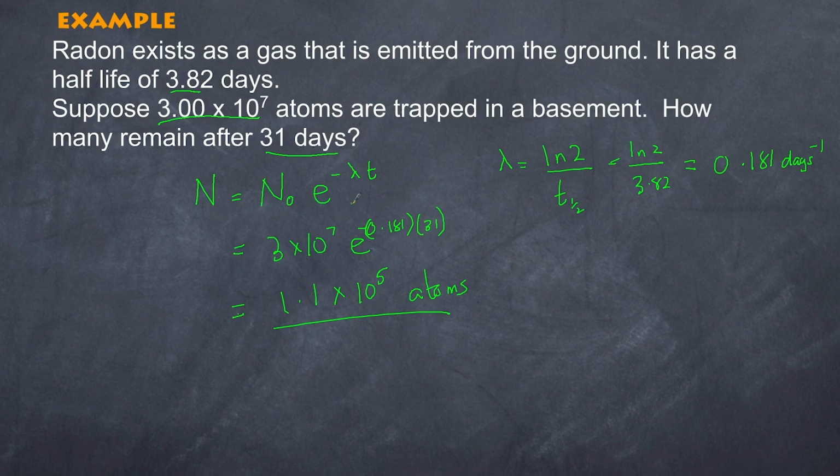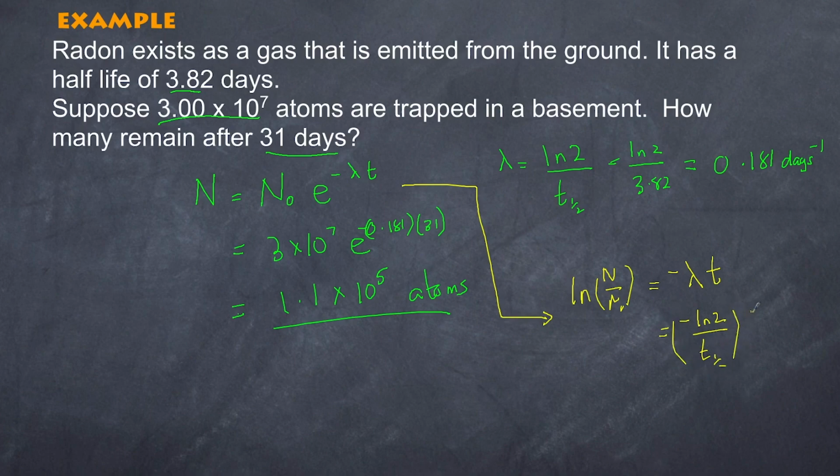Now that's relatively straightforward when you are given those numbers, but let's say you have to work out the half-life of a substance. Then you just need to remember that if I were to convert this formula in such a way, like I did previously, into this formula, the natural log of N over N naught, in other words we have the log of one side is equal to negative lambda t, and of course lambda is our decay constant, so we get negative natural log 2 over the half-life, and all of that is multiplied by t.